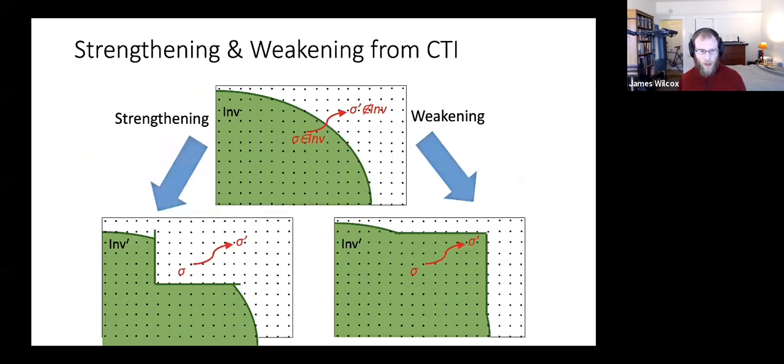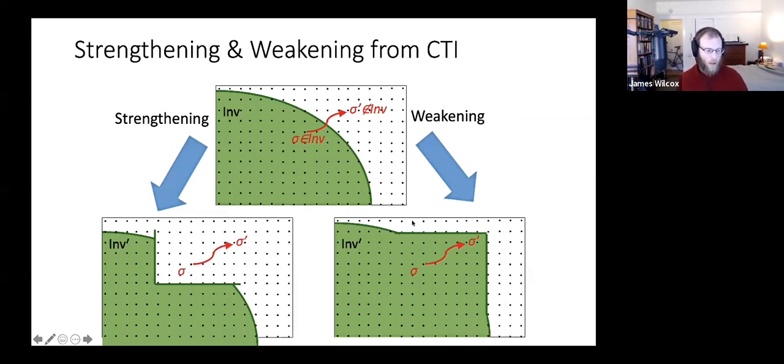Okay, so in pictures, if you're looking at a counterexample to induction, almost always what you want to do at first is strengthen it. And in pictures, what that looks like is we had this edge that crosses the cut from left to right. And to strengthen it means to move the cut more to the left so that it no longer has this edge crossing it.